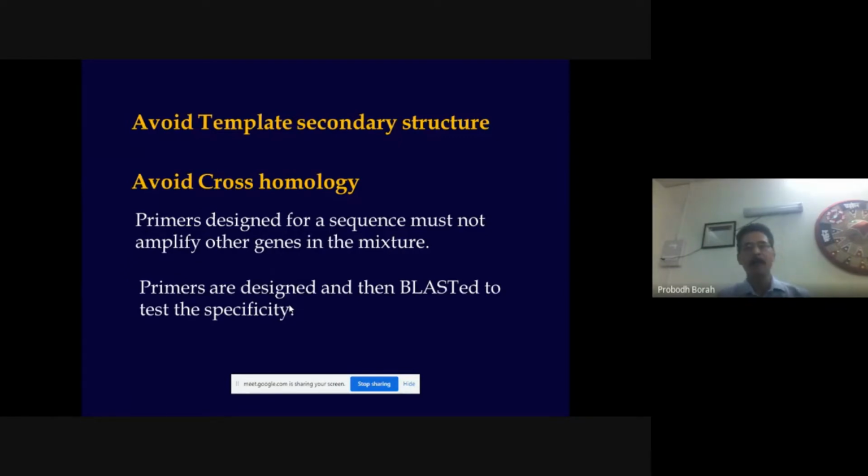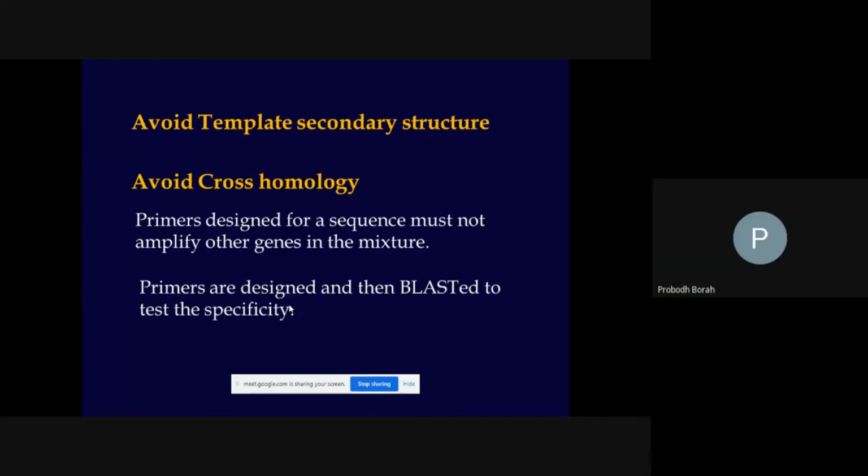Now, if you design the primer considering only the sequence of a single gene, then the primer may represent a part of the sequence which frequently undergoes mutation. And then this primer will not anneal to the mutated sequences of many different strains of the organism.